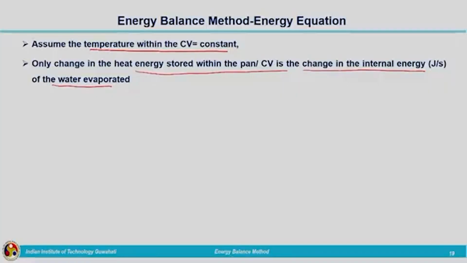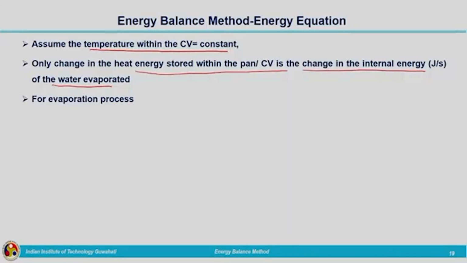So, that is the change in internal energy is utilized for that. Now, how can we write mathematically an expression for this? So, during the process there is no temperature change taking place, but there is a transformation, a change in the state from liquid to vapor is also taking place.